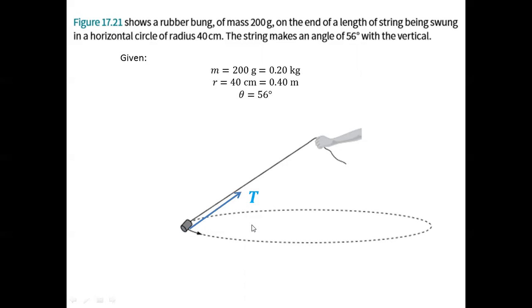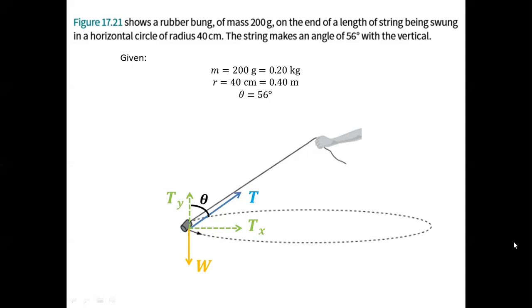Next, we have the weight of the bung, W. Now, the tension is at an angle, so we must resolve this into its components. So we have T sub y as the vertical component of the tension, and T sub x, the horizontal component. Now, let's also label the angle. It says here that the angle was made with the vertical, so theta should be here.